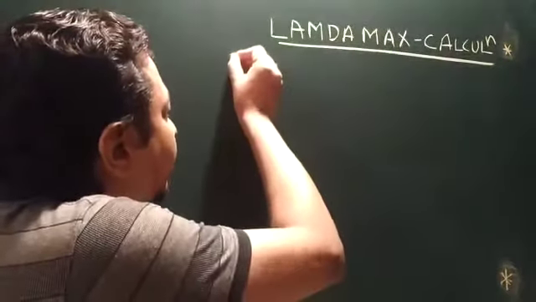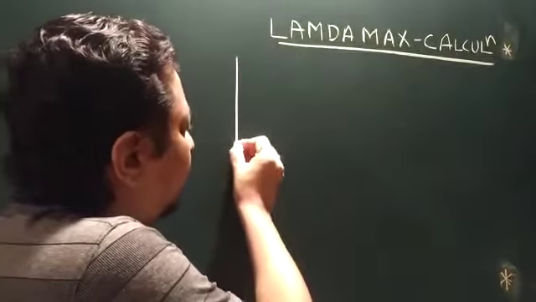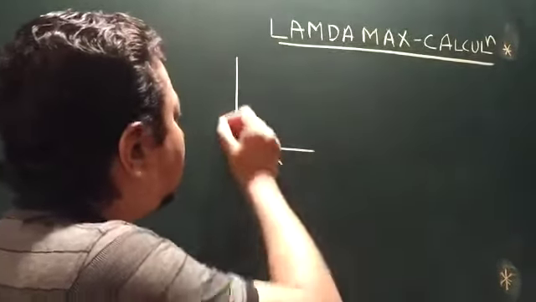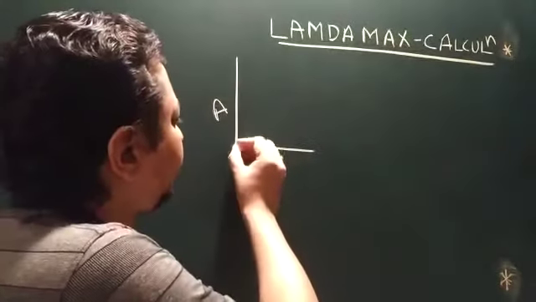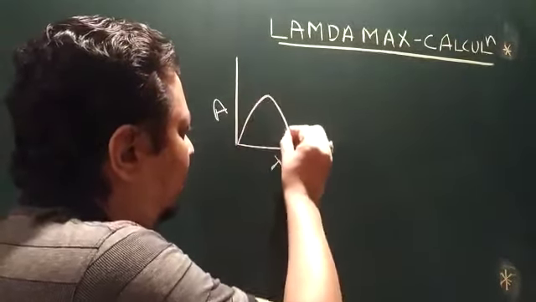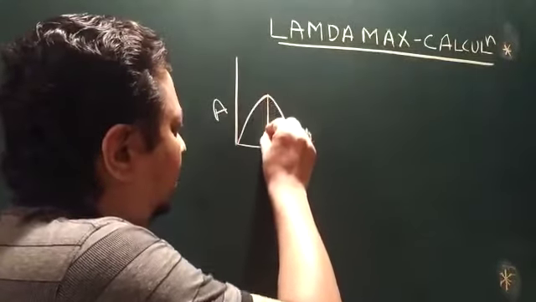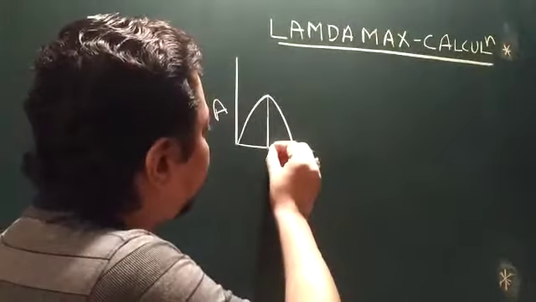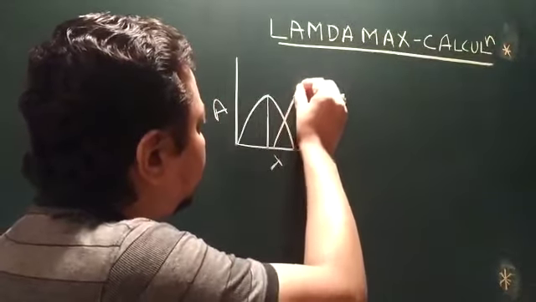Whenever we are talking about lambda max, always remember that in a UV graph we have a lambda versus absorbance graph. Now it happens that some compounds have a lambda max pretty different from other compounds, which can be like this.